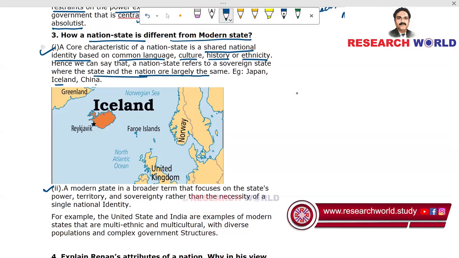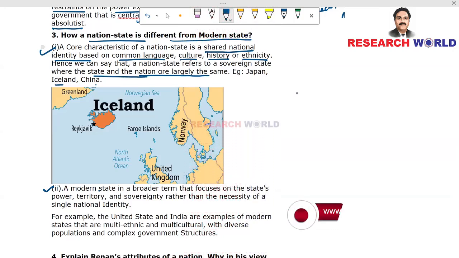This is the most crucial point. A sovereign state means ruled by the people of the country by themselves. Example: Japan, Iceland, and China.